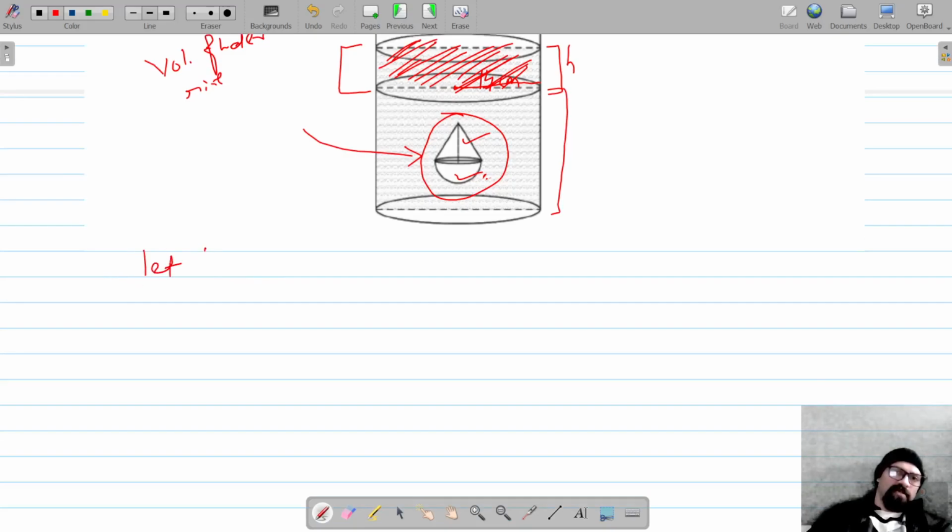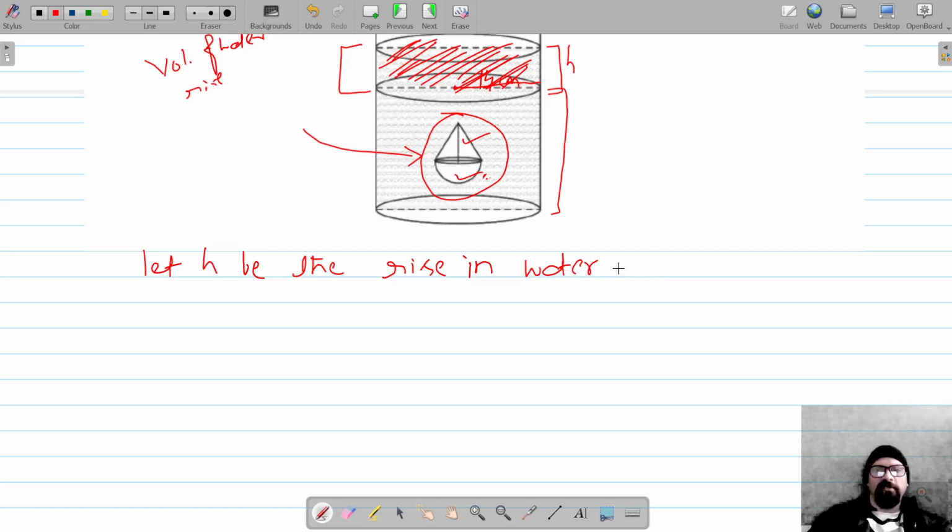And let H be the rise in water level. The volume which rises is also in the shape of a cylinder, so H is the rise in water level.